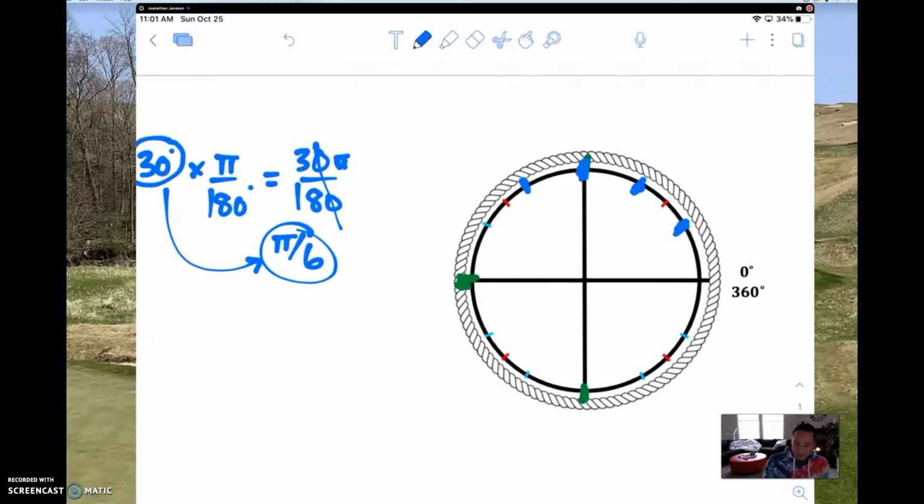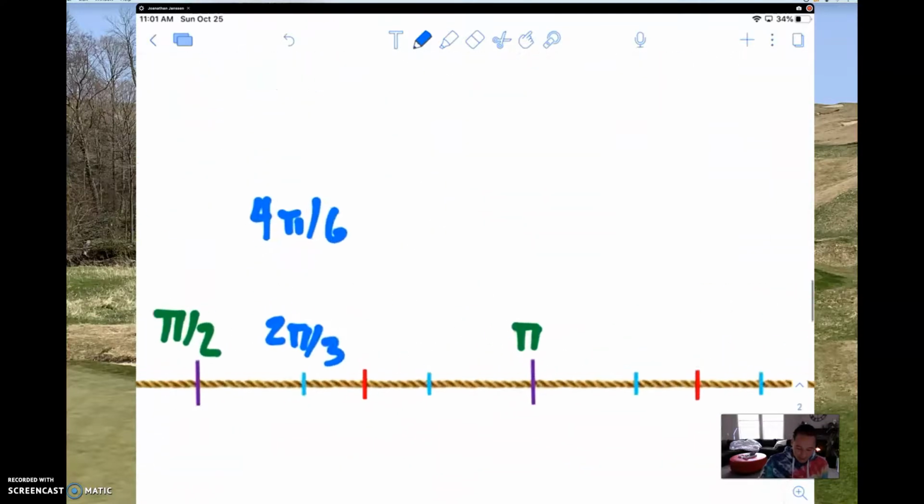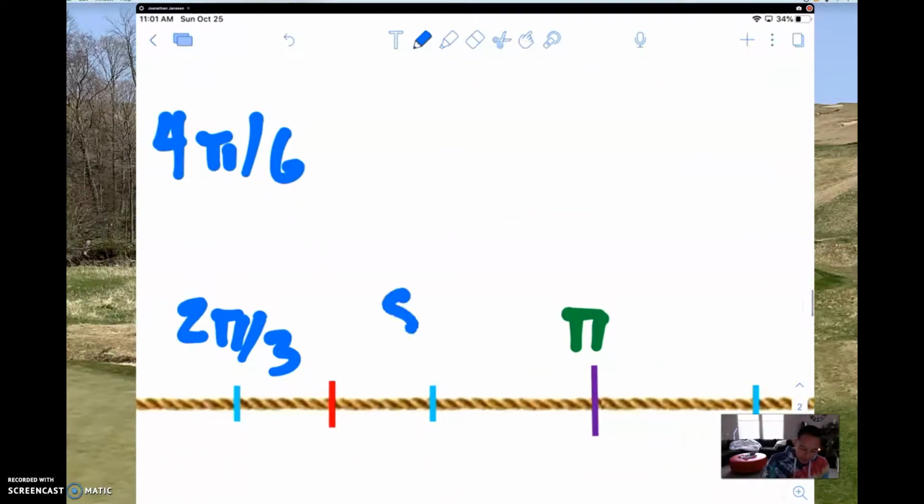So if we count the tick marks again, we're at 1, 2, 3, 4. Now this one we are at 5 pi over 6. And that one can't be reduced, so this becomes 5 pi over 6.